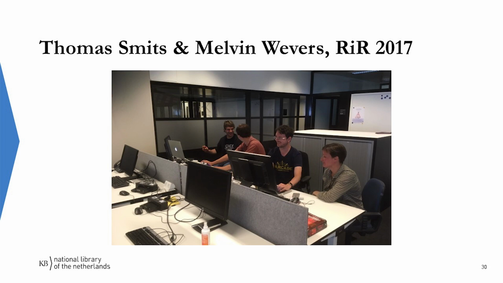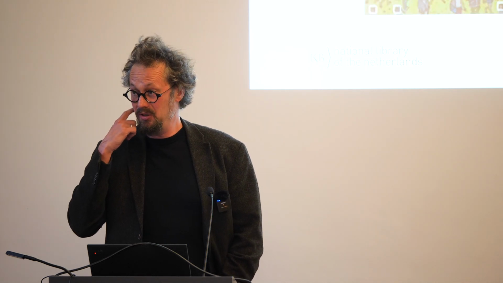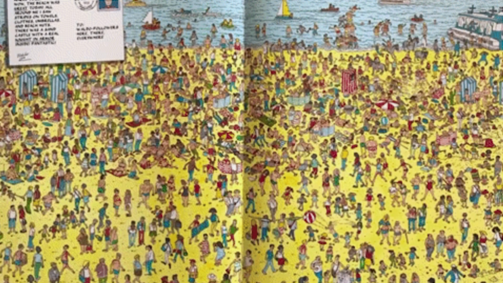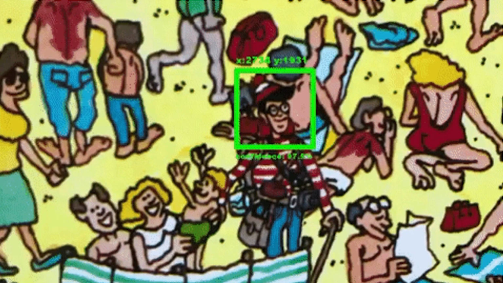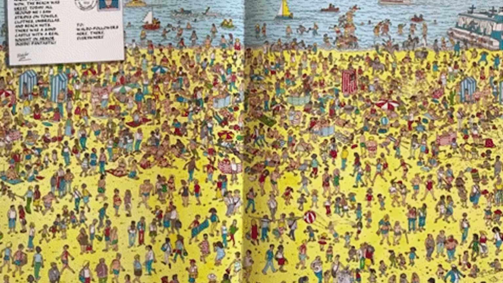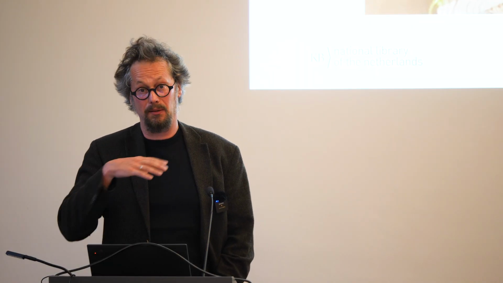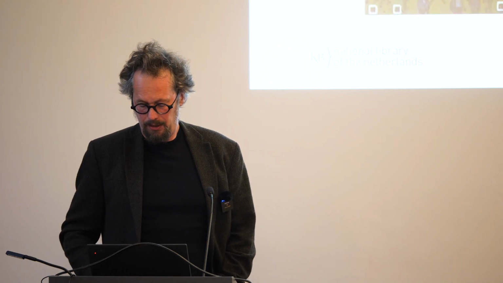The people in the middle are Melvin and Thomas. At that time, we saw a rise of something really, really interesting and something new called computer vision. And that's what we were interested in. They had little experience with that. We had little experience with that, but that was just the idea of this program, the research in residence program, so we could collaborate and discover how that works together.